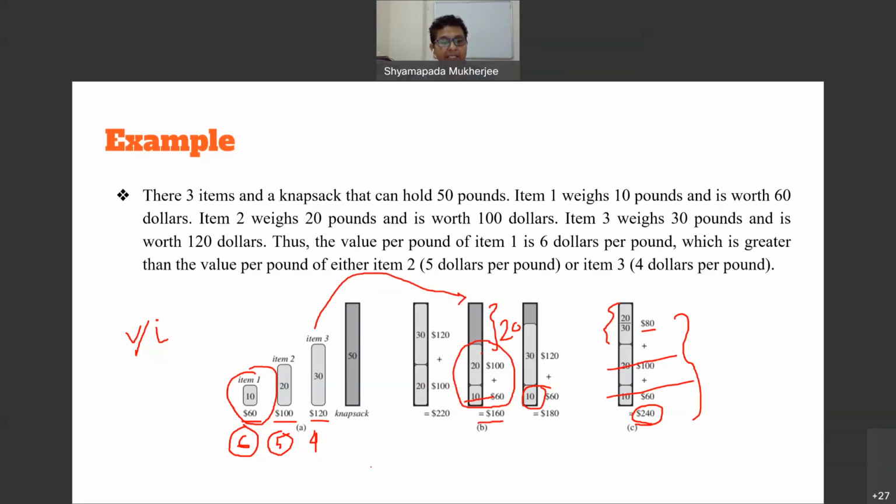In the other case, if we take items 5 and 4, we get only 180.